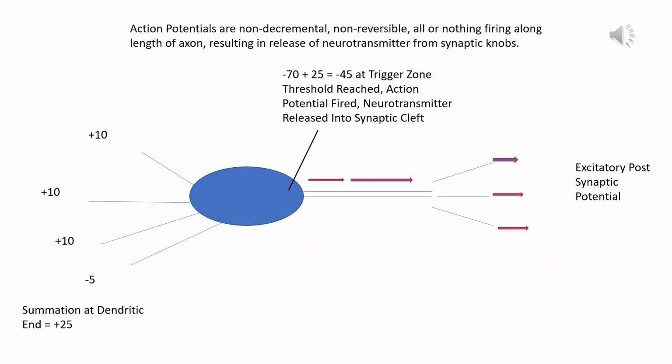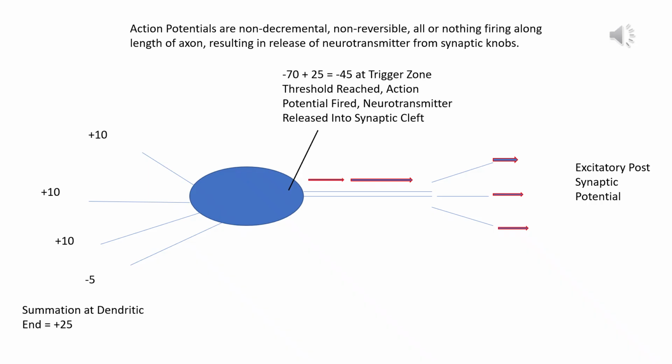So we're going to travel down the length of the axon to the terminal arborizations, to the synaptic knobs. Calcium channels open in the synaptic knobs. The neurotransmitter is released. The neurotransmitter binds to the next neuron or to the target tissue.